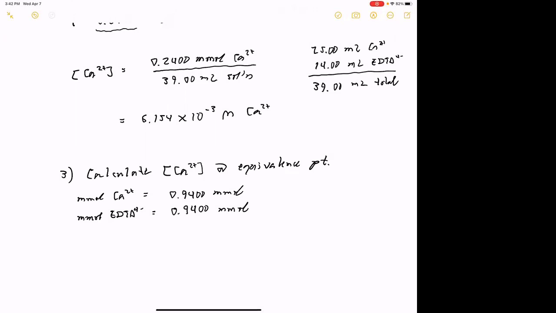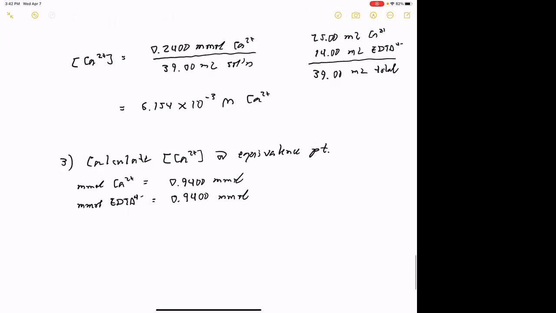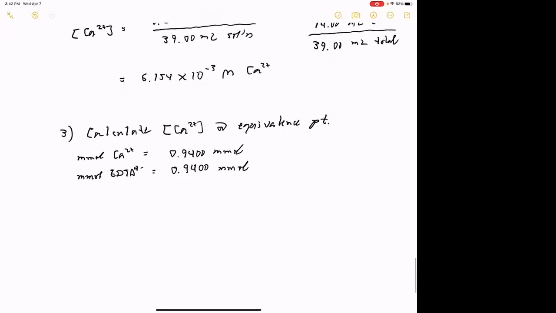All right, so the other thing that we have to think about here before we start really getting into this is we can go ahead and do an ICF table, and we're going to see how this all plays out. You can really do this in your head, but it's kind of nice just to do it to make sure that we all understand what's happening. So let's just show the complex form.